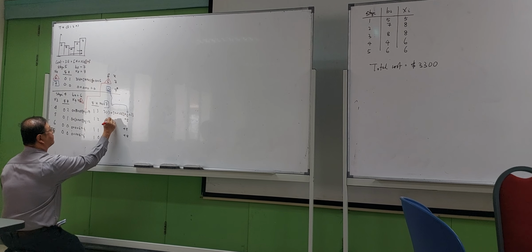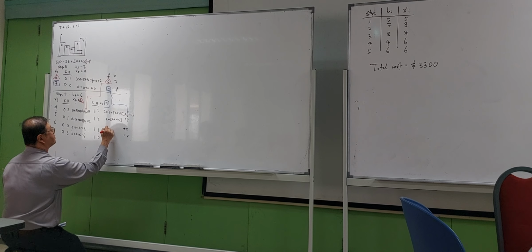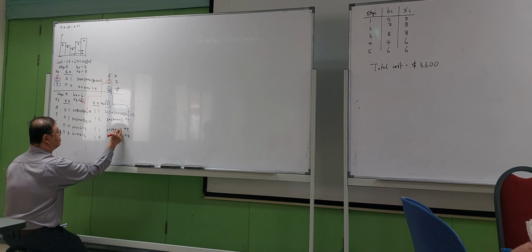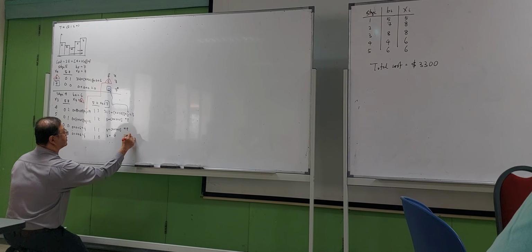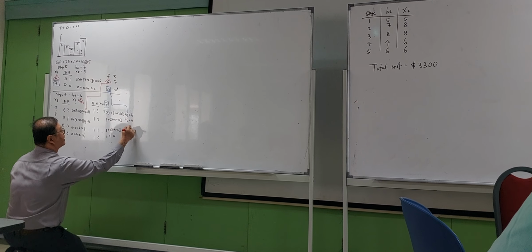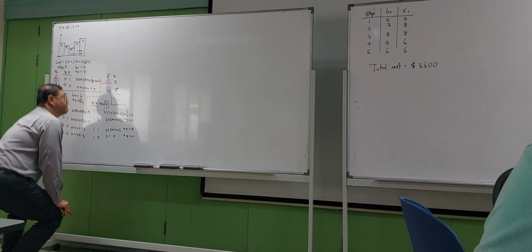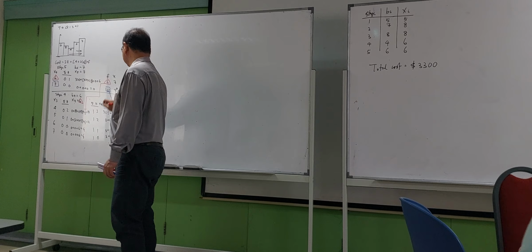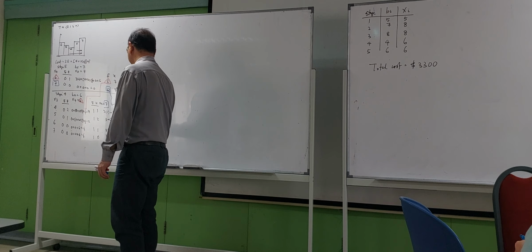So here plus 4 plus 2, 2 plus 4 plus 2, 1 plus 0. Okay, so this one is 3, 11. Okay. So now we look at F.